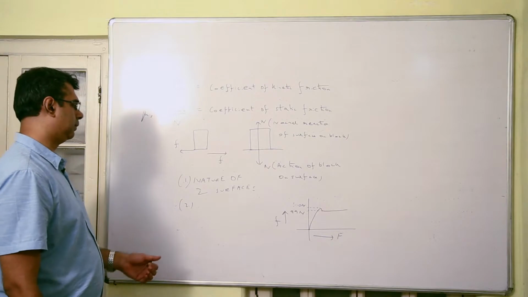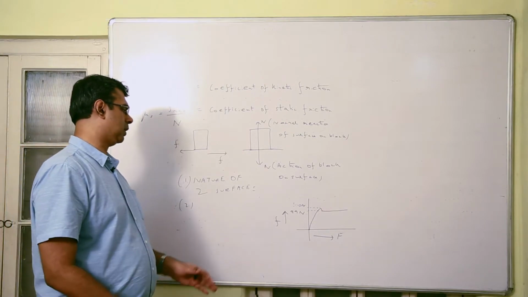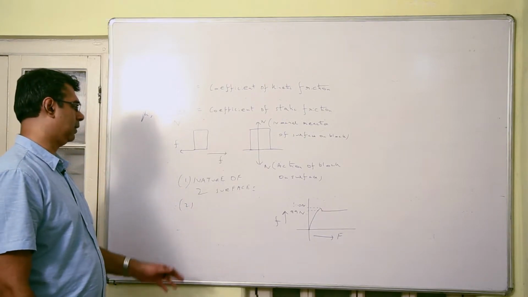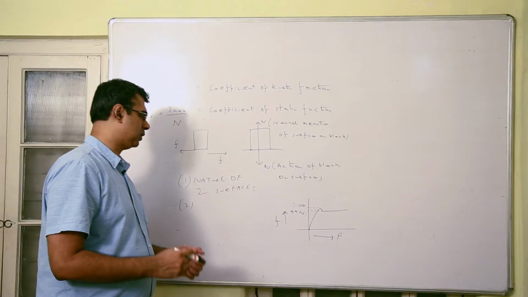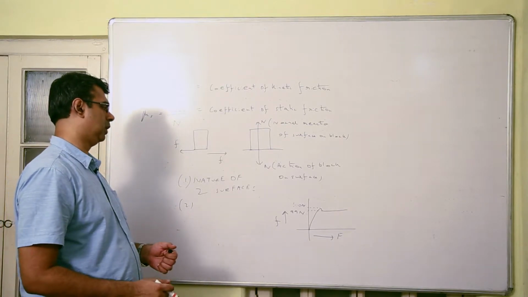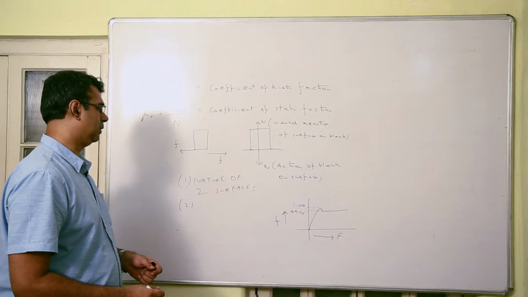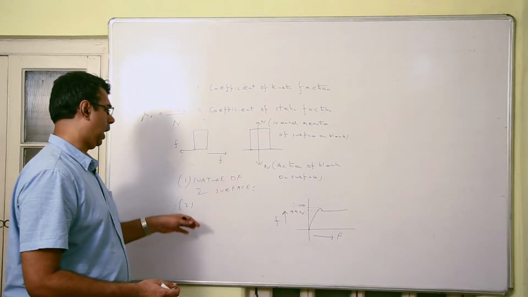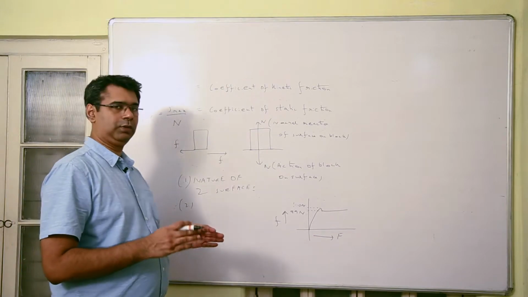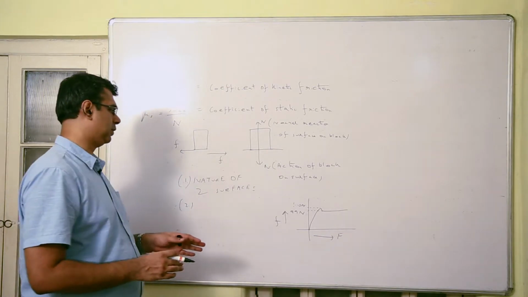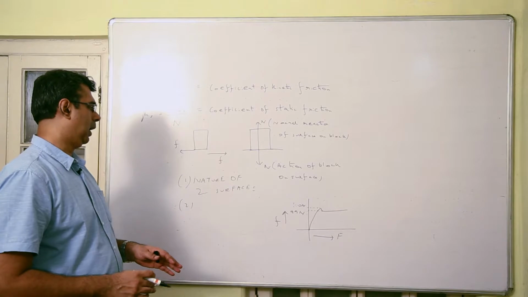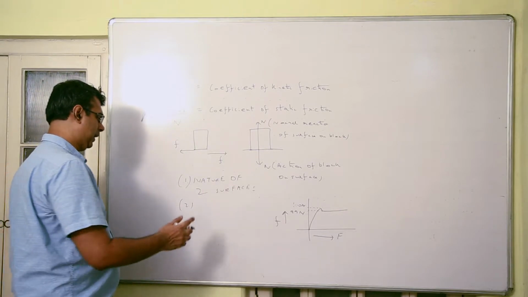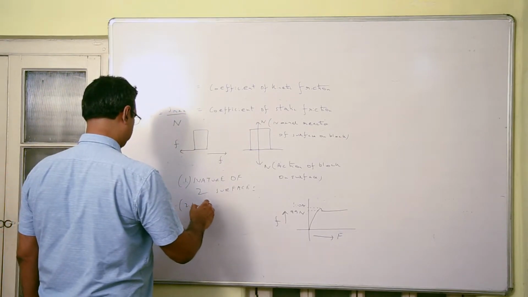Now, if you keep two particular surfaces and if you try to polish them, make them smooth, etc., then you may be able to change the coefficient of friction. Otherwise, for a given set of two surfaces, the friction coefficient will be a constant, and it does not depend on area of contact.